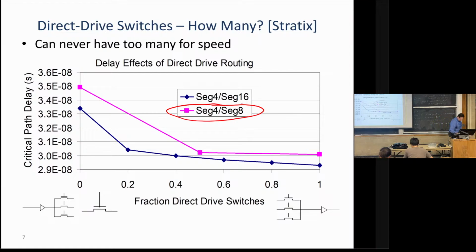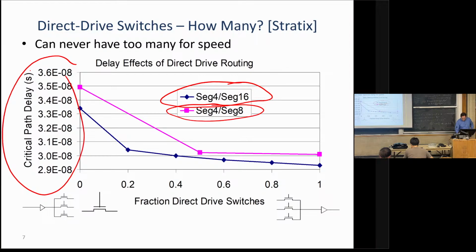The other is a mix of length 4 and length 16. They both show a similar trend. This is the average critical path delay of a bunch of designs. As I go towards more and more direct drive circuits, the chip gets faster, okay?